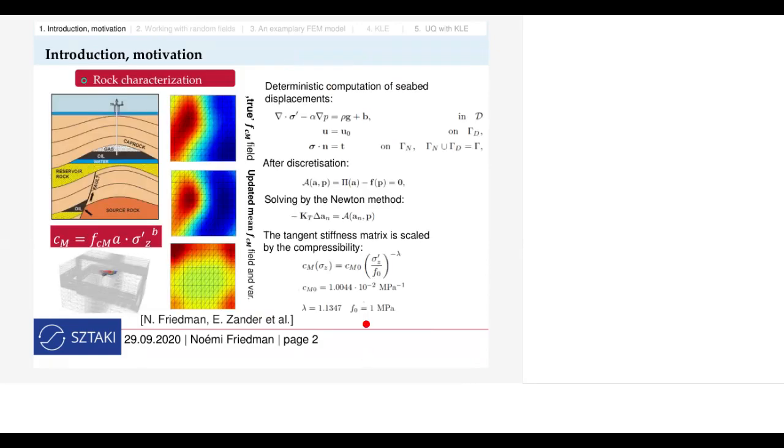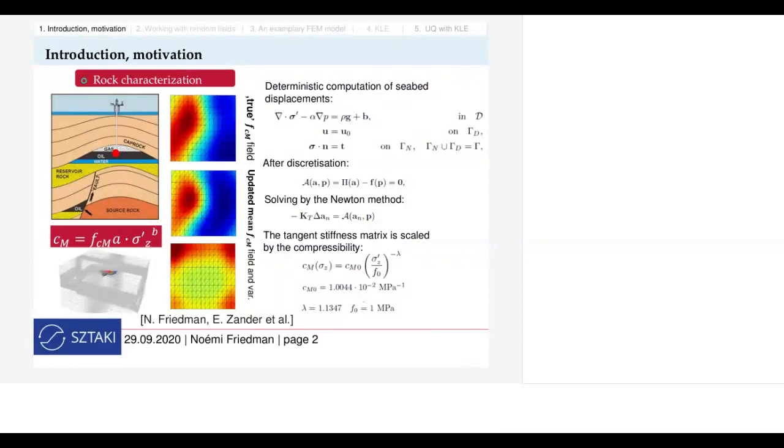Okay, so the motivation for that is this example that I showed you already: in the Adriatic Sea there is this gas platform, and the seabed is actually moving downwards because of sucking out gas. And the problem here was that they had a finite element computation with this set of equations. So this is the boundary value problem that you have here, the strong form of the equation.